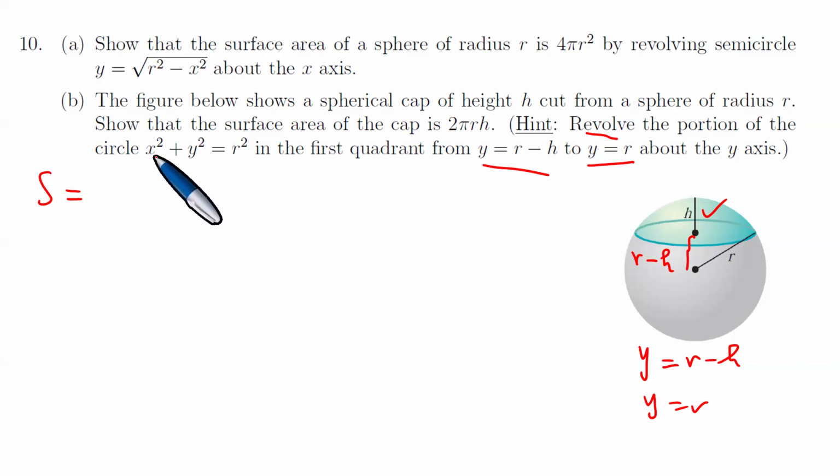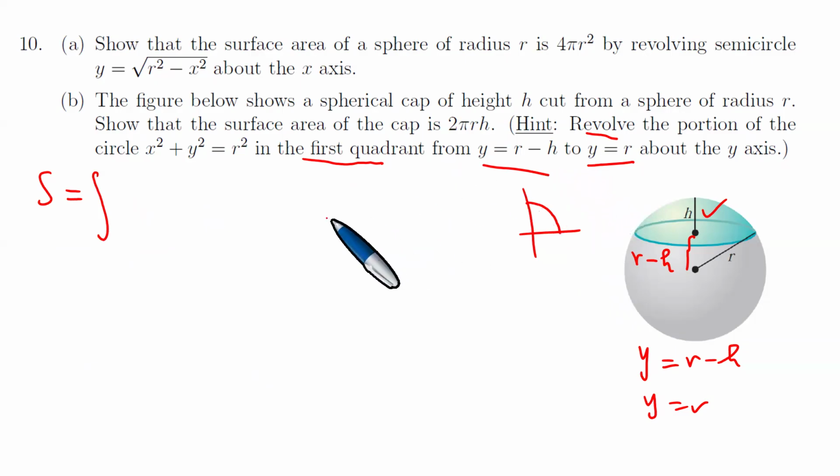So a portion of the circle in the first quadrant is going to be like this, and you integrate it from y equals r minus h to r.